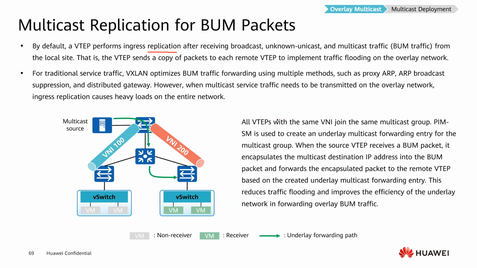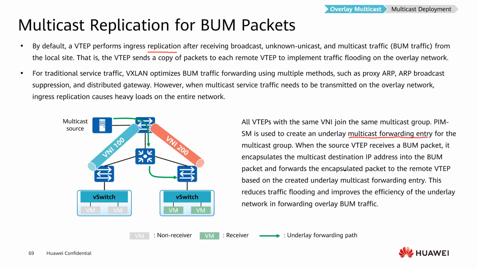We can let all the VTEPs with the same VNI join the same multicast group, and then PIM SSM is used to create underlay multicast forwarding entries for the multicast group. Notice it is just on the underlay.